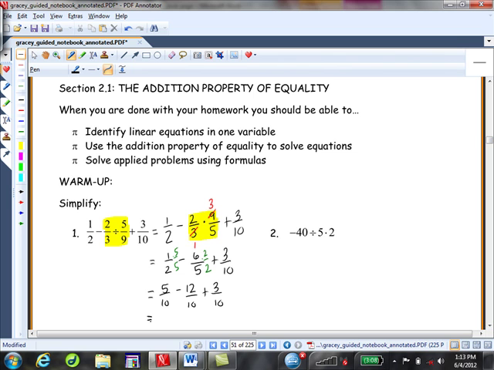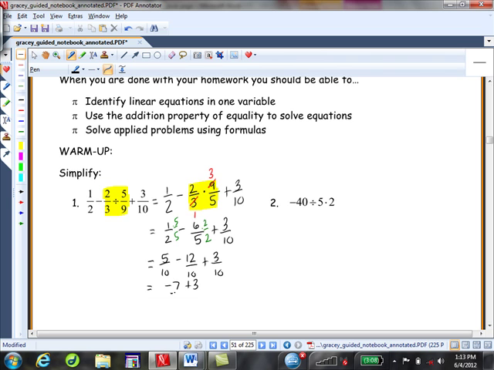And then this will give us 5 minus 12 is -7. So we'll have -7 plus 3. I'm going to go ahead and put that all over our 10. So the -7 came from combining the 5/10 minus the 12/10.